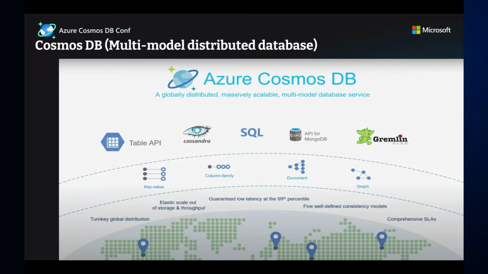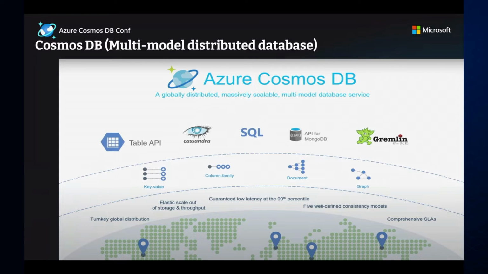NoSQL databases are usually divided into four families. It's key value, column family, document DB, and graph. And more importantly, Cosmos DB supports all of those four. We have another layer on top of it, an interface layer. So the Gremlin API is used to interface with the graph database model. For document DB, we have the SQL API, that's the native API, and the Mongo API.